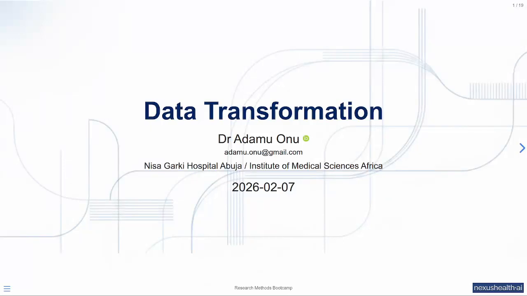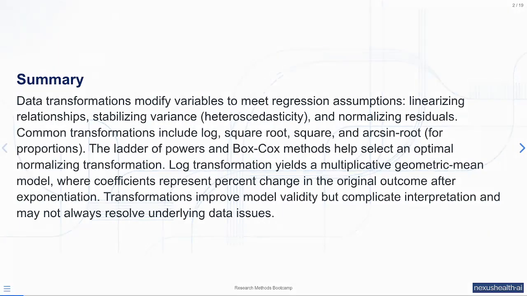In this lecture, we shall be considering the topic of data transformation. Recall what we discussed regarding linear regression. Certain assumptions underpin linear regression, some of which include the presence of a linear relationship, ensuring homoscedasticity, and also that residuals should be normally distributed.